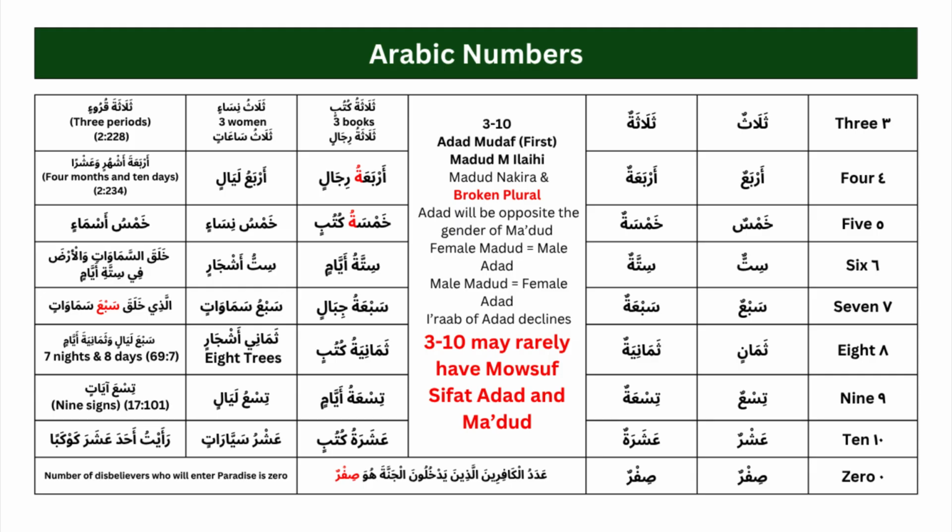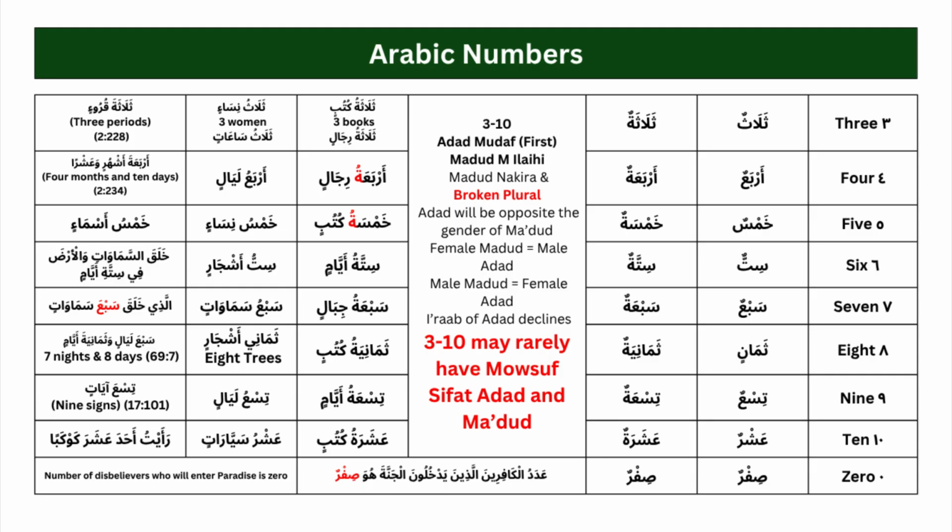Then arba'atu ashhurin wa ashran, 4 months and 10 days. Then khamsu nisa'in and khamsatu kutub. Then sittatu ayyamin, 6 days, and sittu ashjarin, 6 trees. Then sab'atu jibalin, 7 mountains, and sab'u samawatin, 7 heavens.